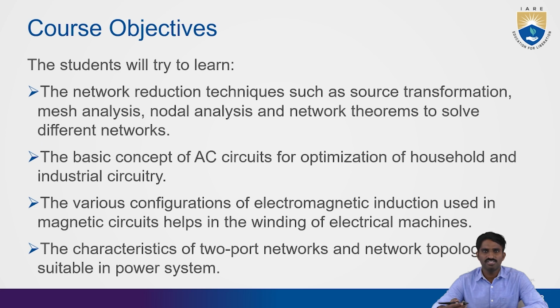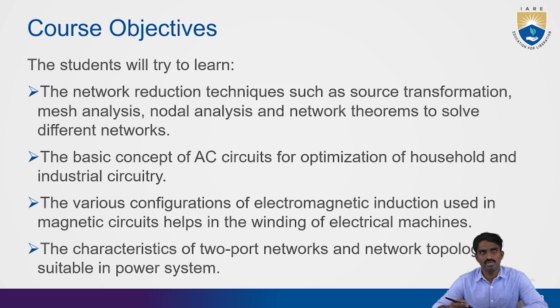So what are the basic concepts of AC and DC circuits, what is the difference between AC and DC, and why do we go for AC instead of DC. These basic concepts he will also learn from this course.